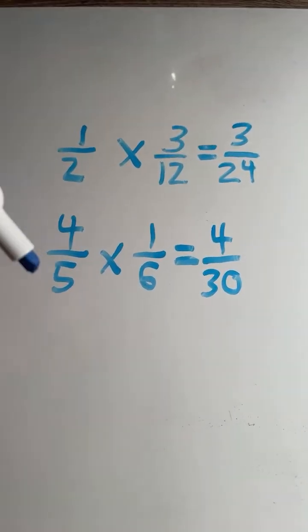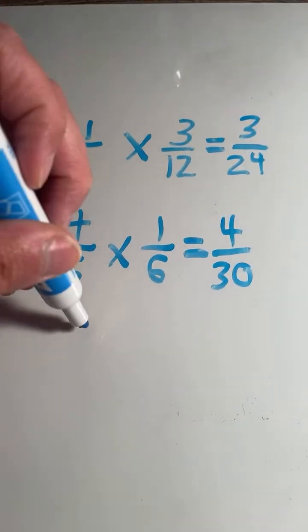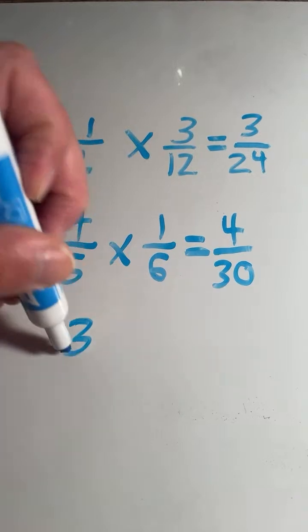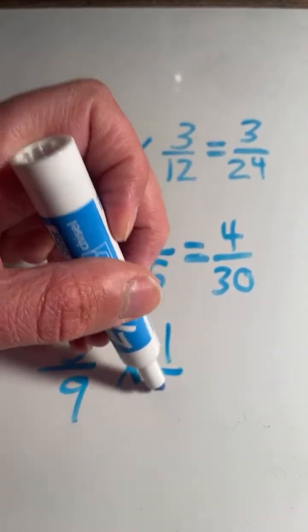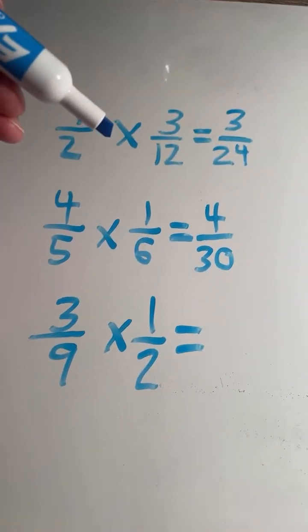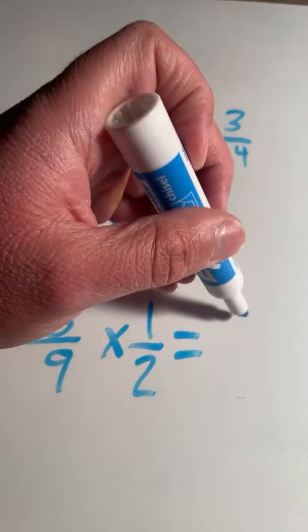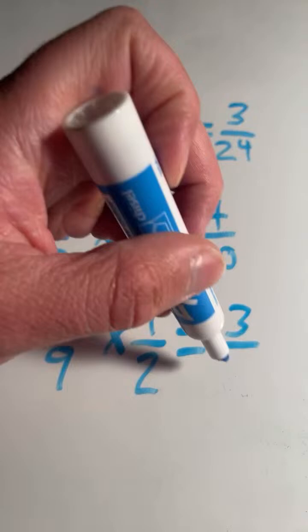All right, next multiplying fractions example. Three ninths times 1/2. Three times 1 equals 3. 9 times 2 equals 18.